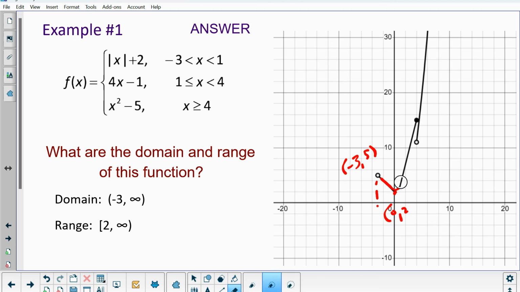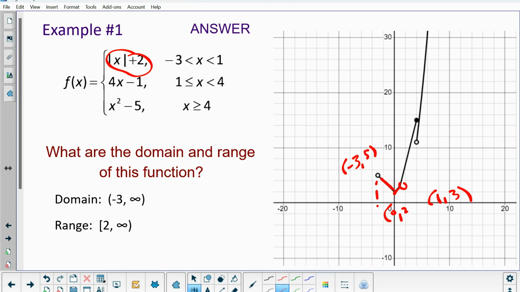This is something that maybe would be easier if I had drawn it separately, but that's okay. In this space right here, when you draw in that absolute value, there would be an open circle at 1, comma 3. So you kind of start with 2 open circles.